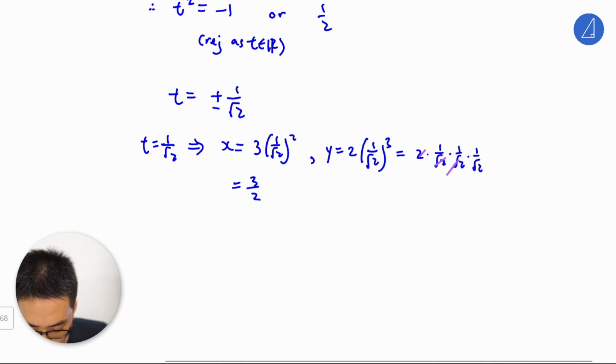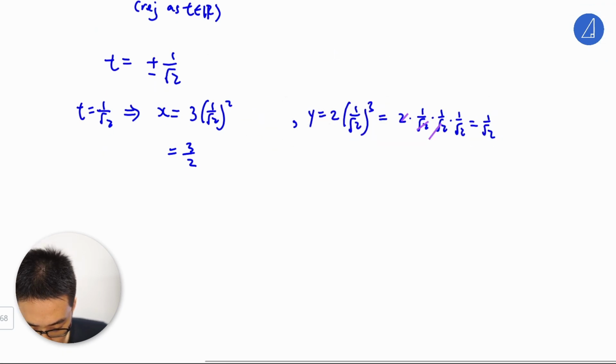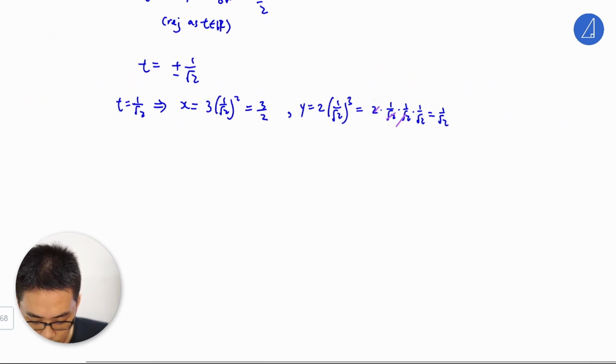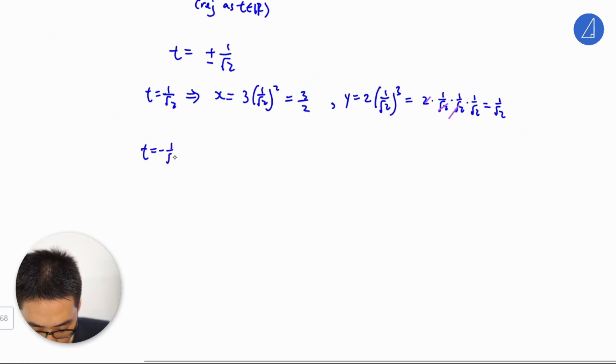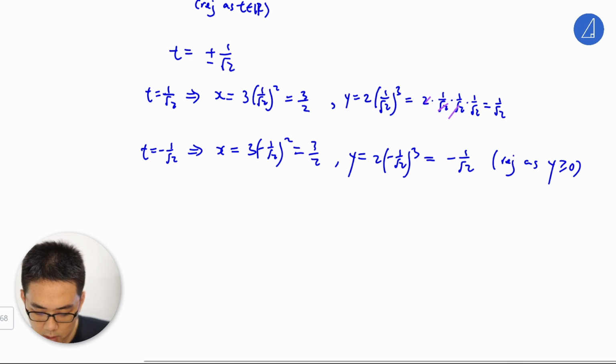Then I'll just cancel these 2 away, then I'll be left with 1 over root 2. That's what I'll do, but it depends on what you like to do. Hence this one is rejected as y is bigger than 0. So M.